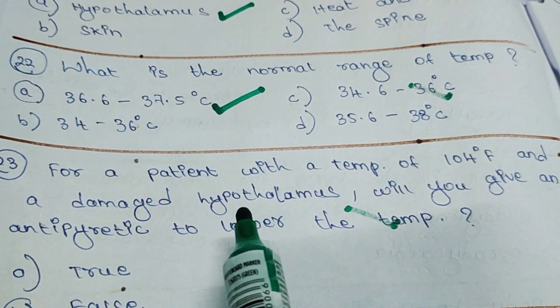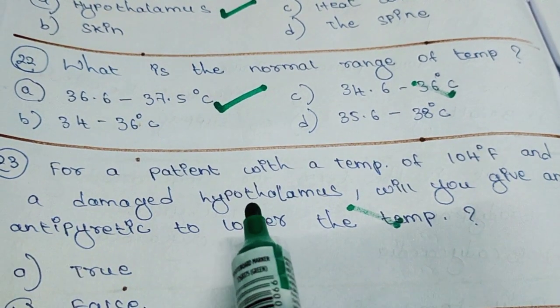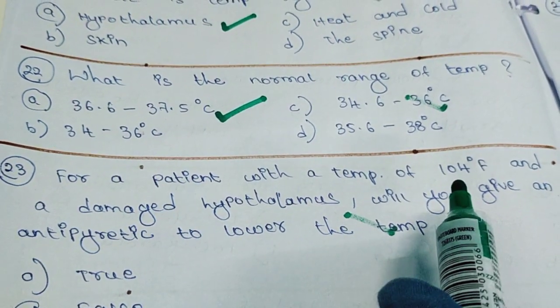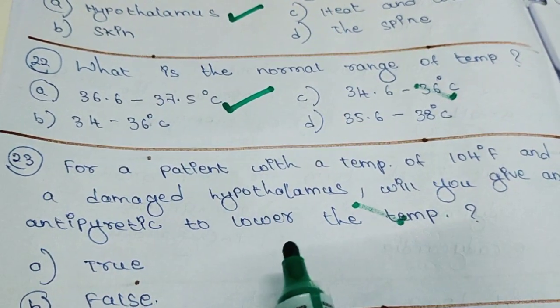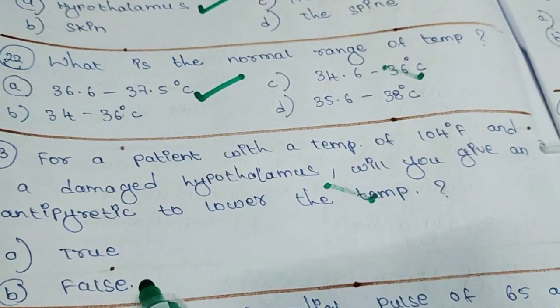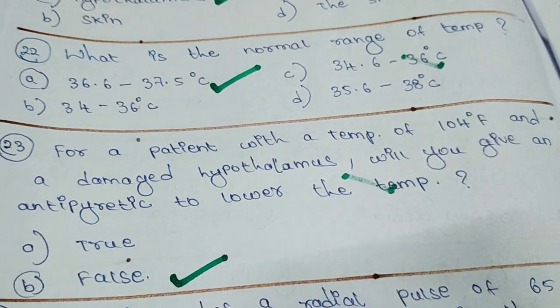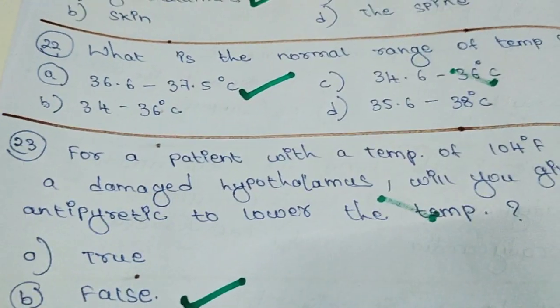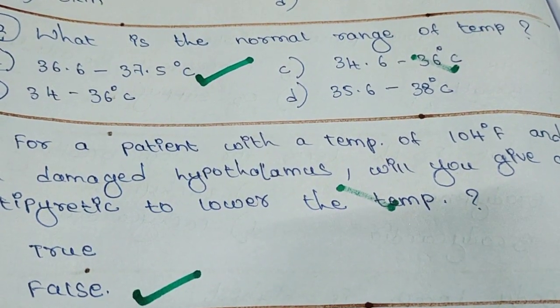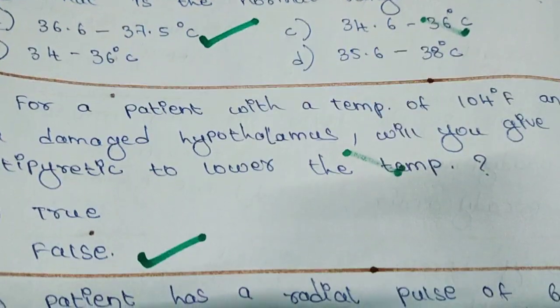And here they say the thermostat, hypothalamus, got damaged, and the patient is having high fever. So if we give antipyretic, it is not going to be effective. So the answer is false. We cannot give antipyretic to the person whose hypothalamus is damaged and who has high temperature. We have to go for other measures.